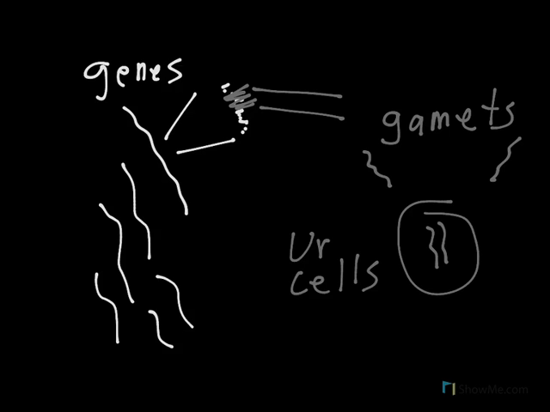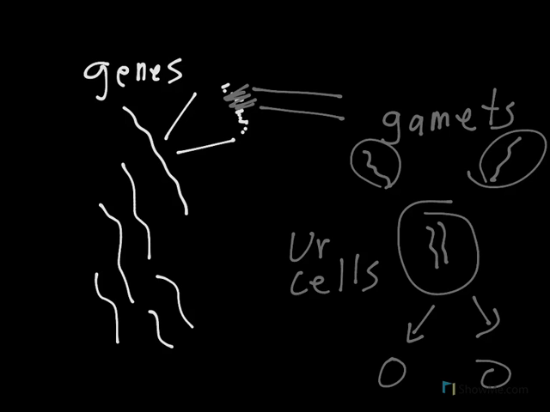And then now your cells have to make gametes again. Right? That's how it works. And so I'm going to go through the whole steps of going from gamete to body to gamete.